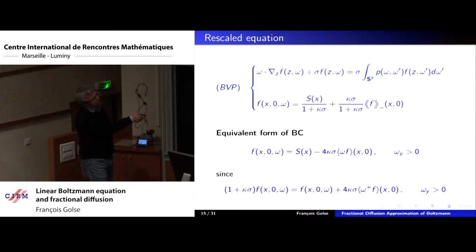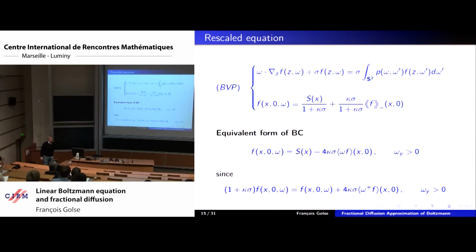Now the fact is that if you look at this boundary condition here, you see that for omega y positive only, right, f is isotropic, it's independent of omega. So because f is independent of omega, you can recast this information in the following form.